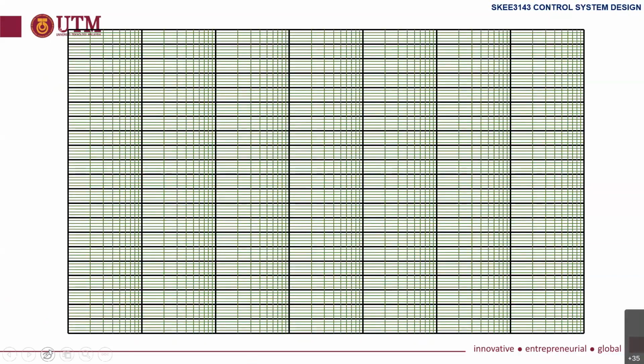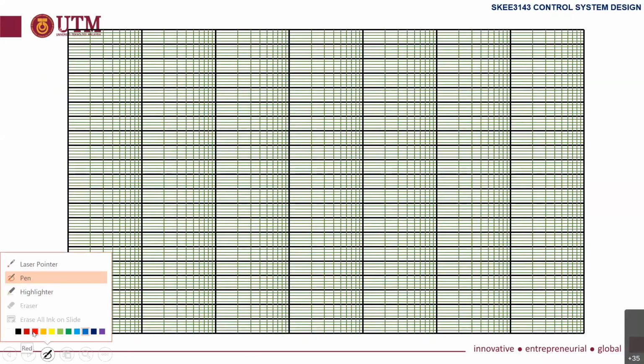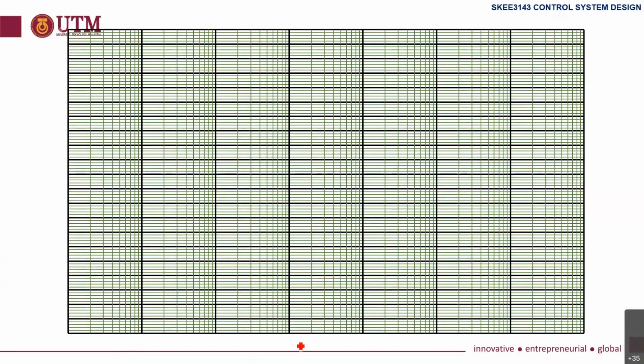So this is, I'm sure you have seen this. On the x-axis is a log scale. You can see from this is called one decade. This one decade. So we have 1, 2, 3, 4, 5, 6, 7 decades in this graph.